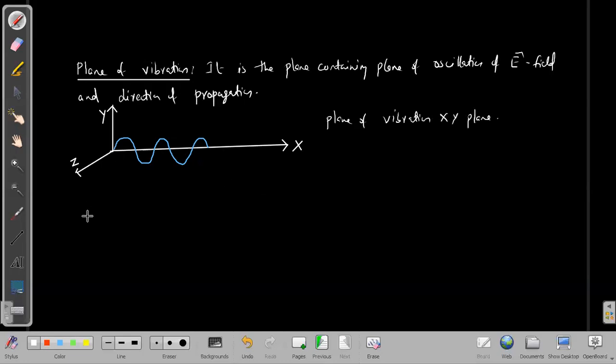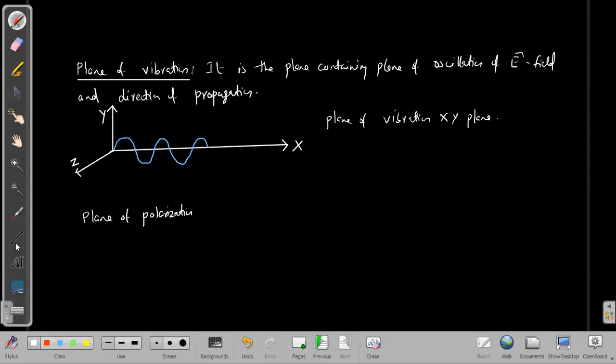And what about the plane of polarization? The plane of polarization is a plane which contains the direction of propagation and the direction perpendicular to the plane of vibration.